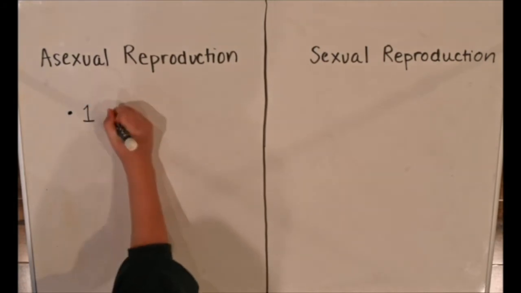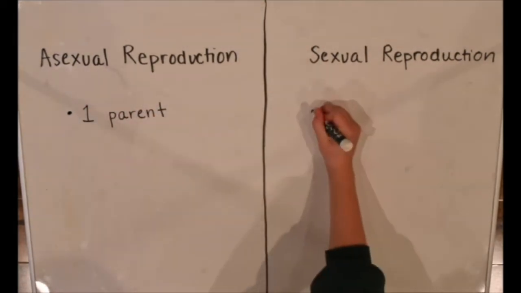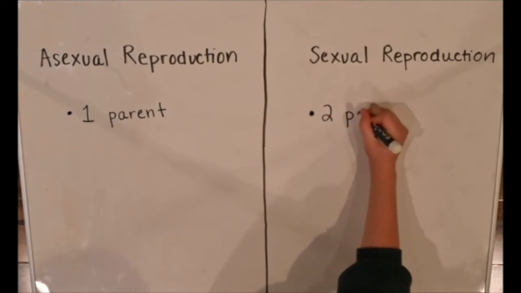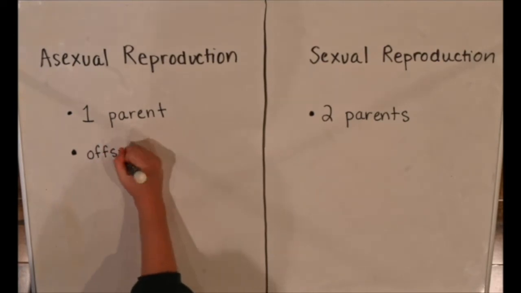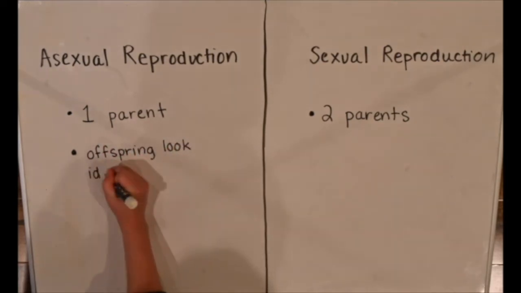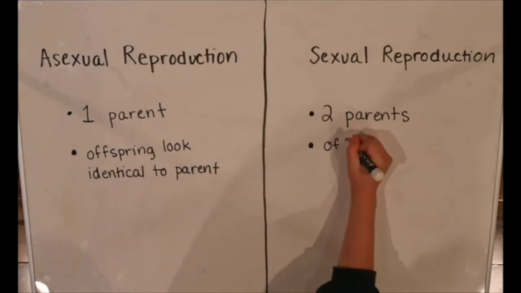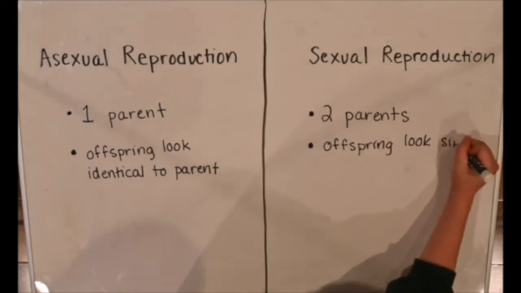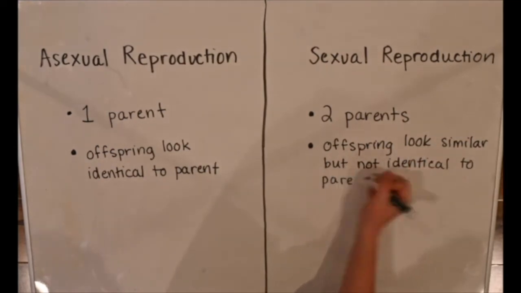Let's highlight some of the key differences between asexual and sexual reproduction. Asexual reproduction consists of one parent, while sexual reproduction consists of two parents. Asexual reproduction results in offspring that look identical to parents, while in sexual reproduction, the offspring produced look similar to, but not identical to the parents.